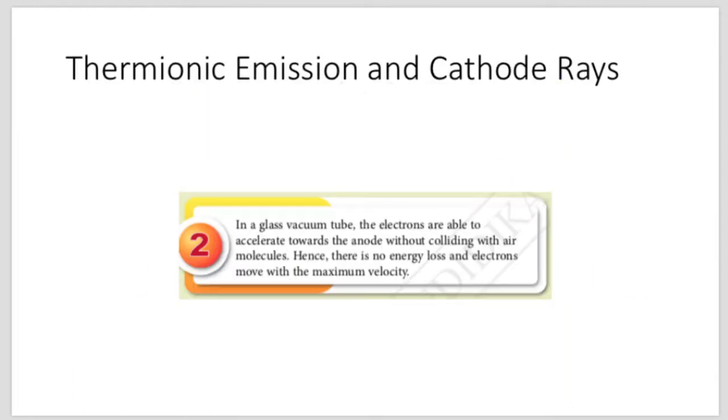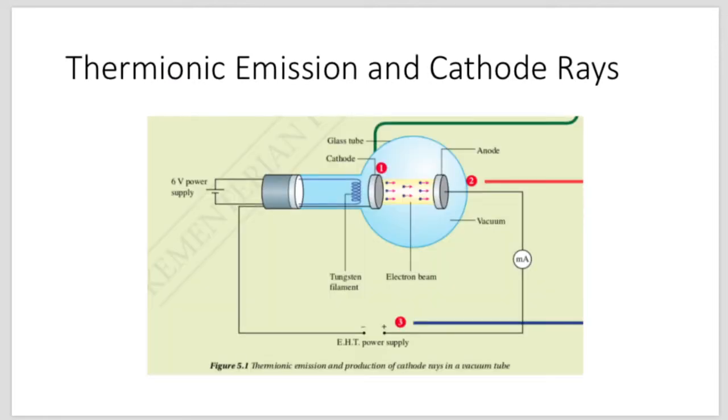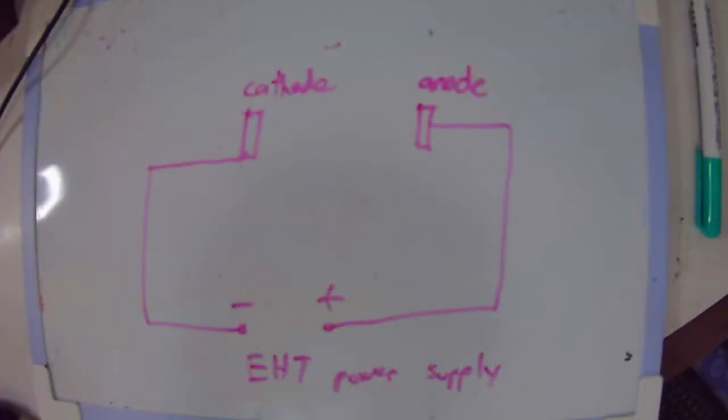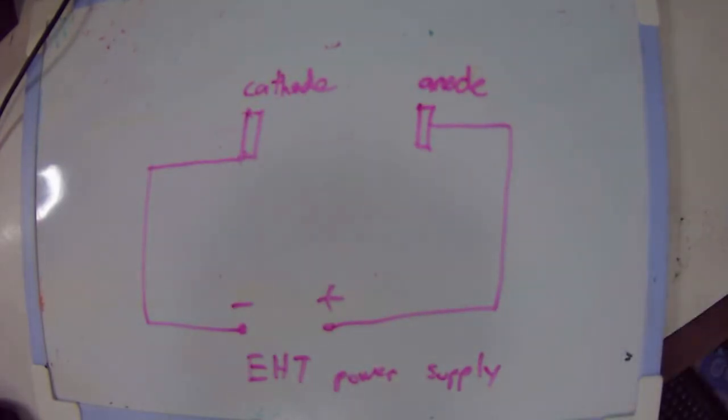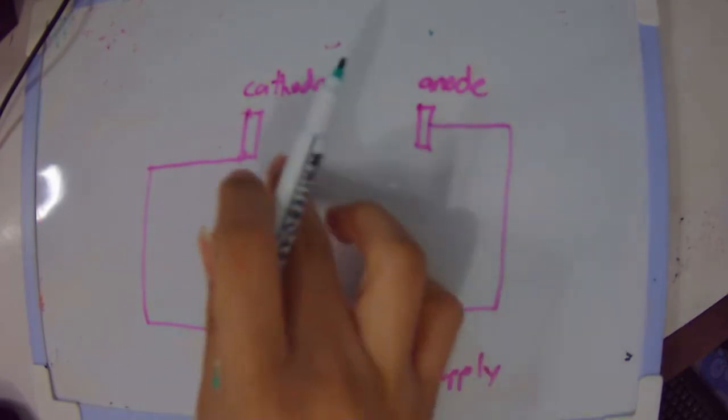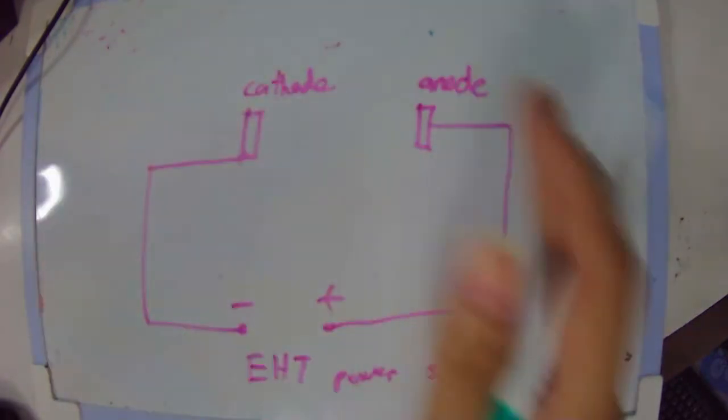So back to this picture here, and back to the drawing that I have. Some guy, who we were just seeing a video about, discovered the electron. He decided to do an experiment, so he created this thing.